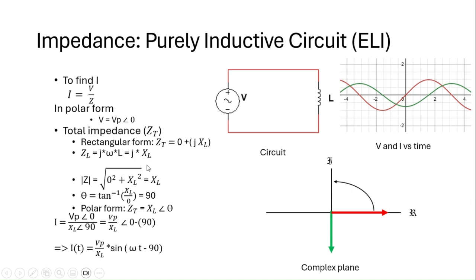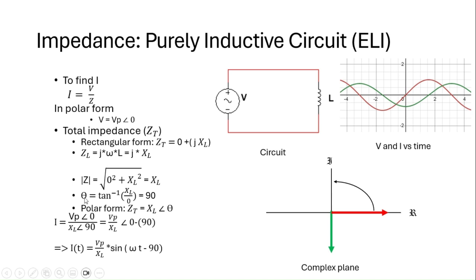And so therefore, Z of L is equal to j omega L, which is equal to j X of L, being our reactance, which you've learned before, and again, X of L up here. Okay, taking the magnitude of the ZL here, that ends up giving us XL.